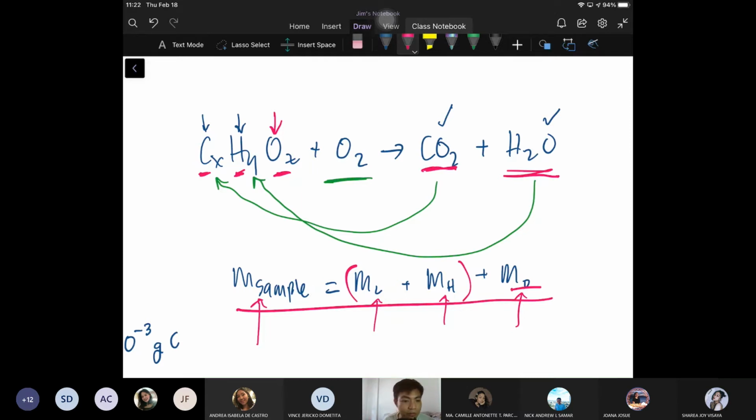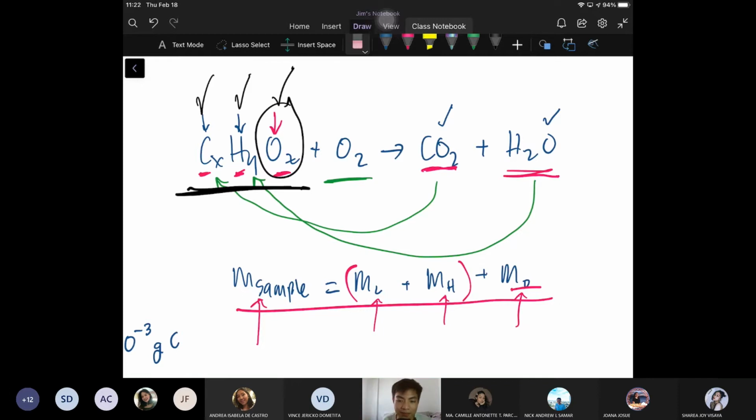Pero for oxygen, magbibigay nga ako ng additional questions sa worksheet na lang, okay? Pero ito 'yon. Ang concept lang doon is para malaman mo yung mass ng oxygen, use this formula lang. Yung mass nitong entire sample, that is the sum of the mass of each element. Mass neto, plus mass neto, mass ng sample yung katumbas nun. Okay? So, yan. So, for now, ano lang muna tayo, carbon and hydrogen.